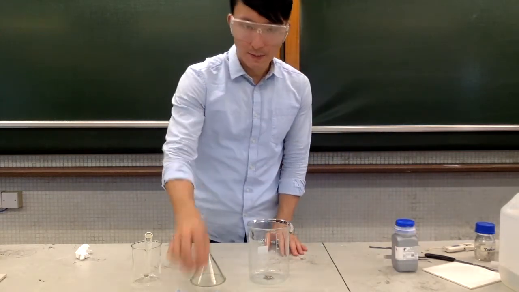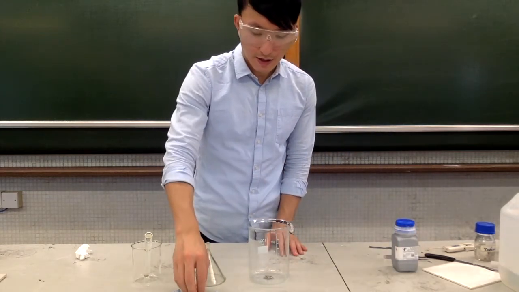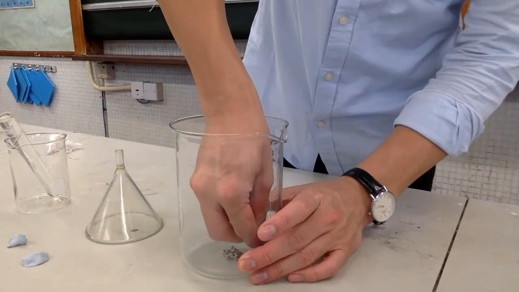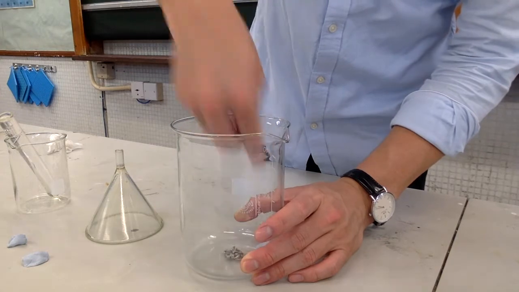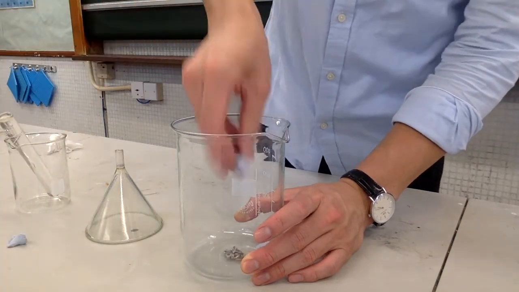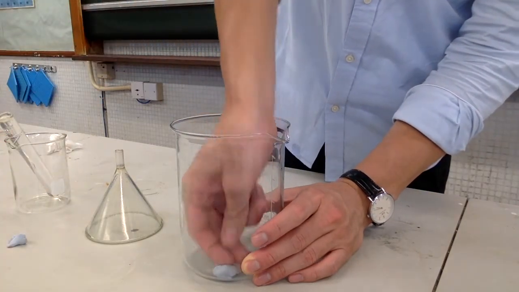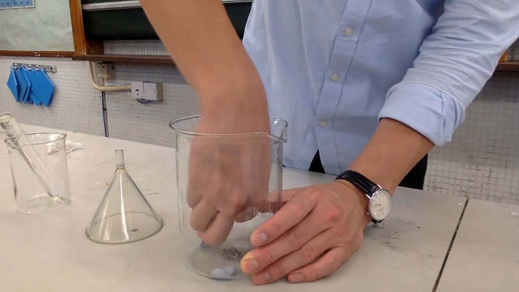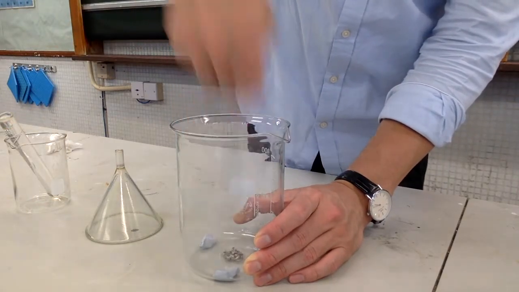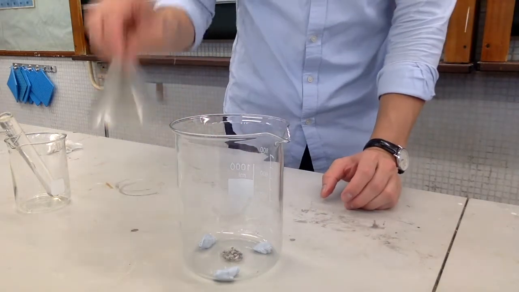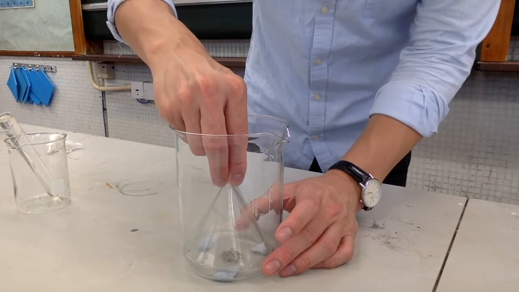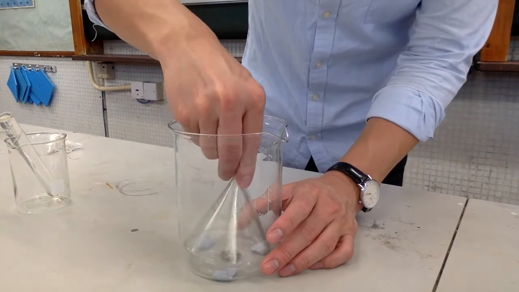After that, place the plasticine into the beaker. Then put the inverted funnel on top of the calcium granule.